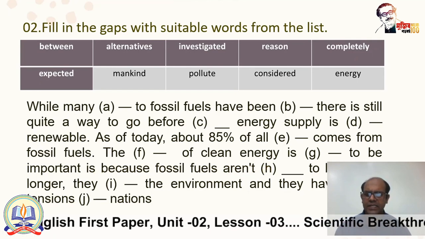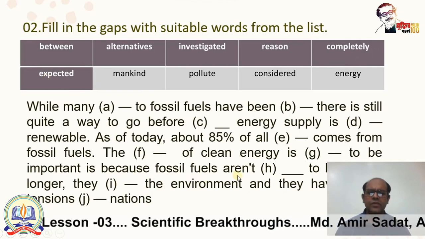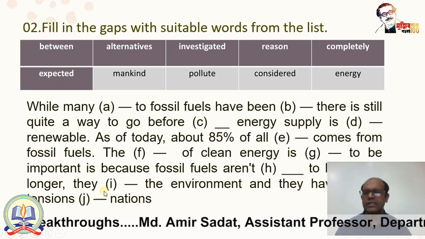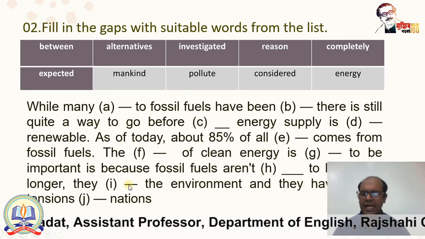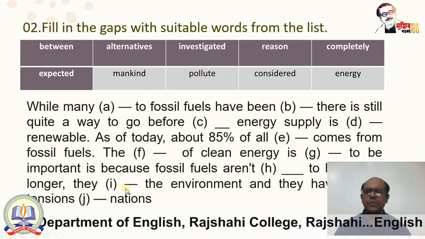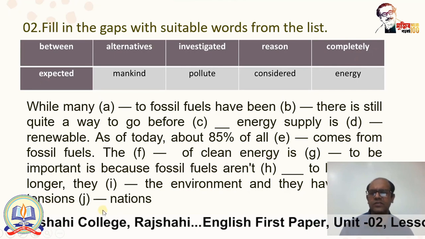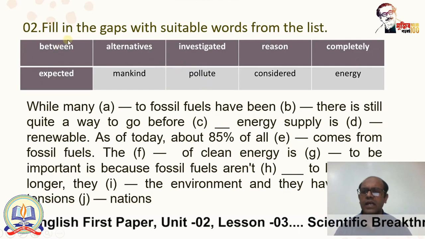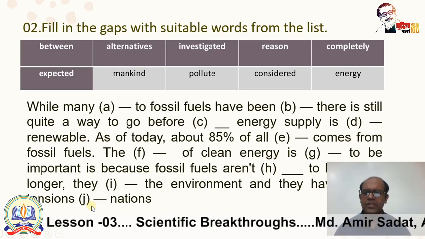Expected is the correct answer for gap H. Expected is the correct answer because fossil fuels are not expected to last much longer. They gap I the environment. Which will be the correct answer for gap I? Pollute will be the correct answer for gap I. They pollute the environment and they have led to tensions gap J. Between is the correct answer for gap J. They have led to tensions between nations.